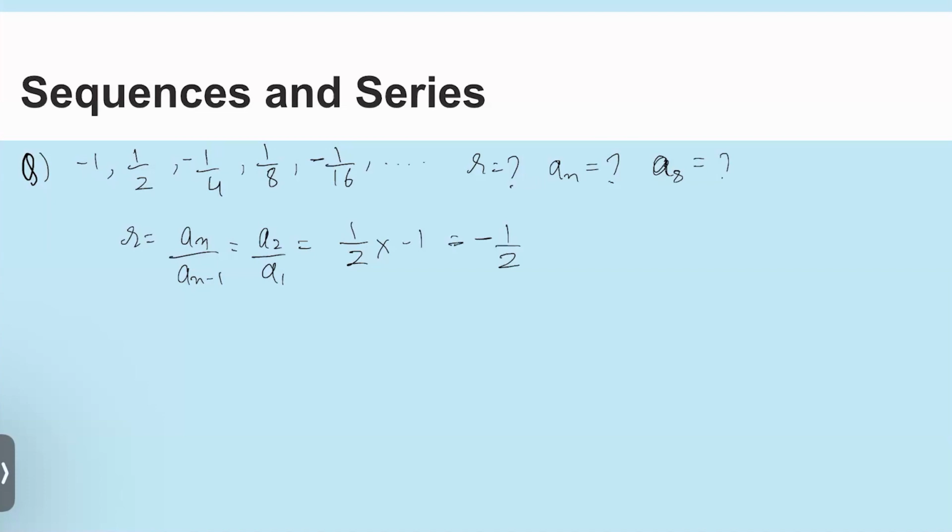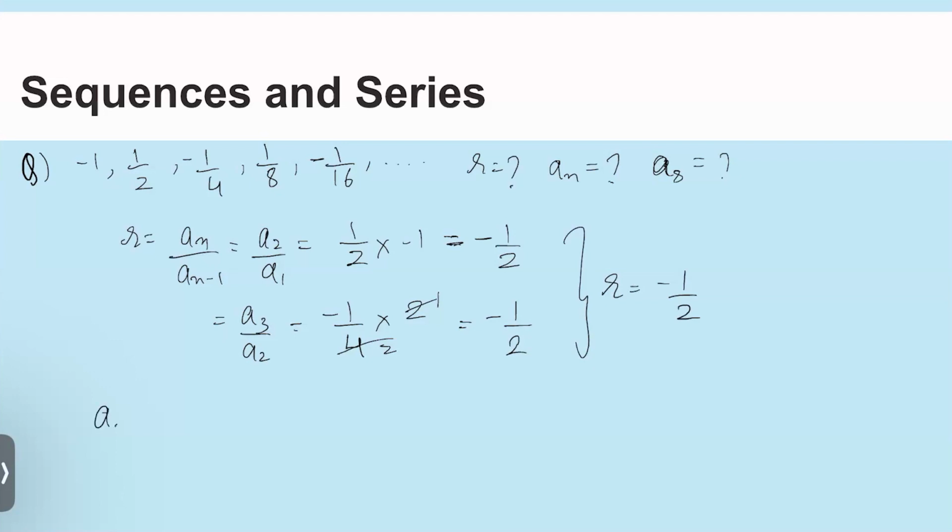Let's just cross check if that is what we get even with a different one. Suppose you take a3 by a2. So a3 is 1 by 4, and this will be multiplied by 2. So our common ratio r is equal to minus 1 by 2.